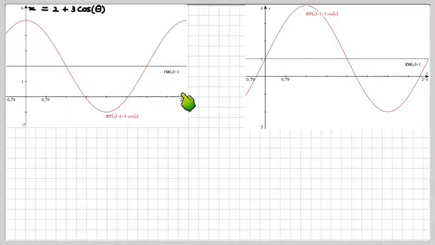Now this is really important because x is expressed in terms of theta, and over here, as we'll see in a moment, y is expressed in terms of theta. So this vertical axis will show us the x values for a full cycle of theta.